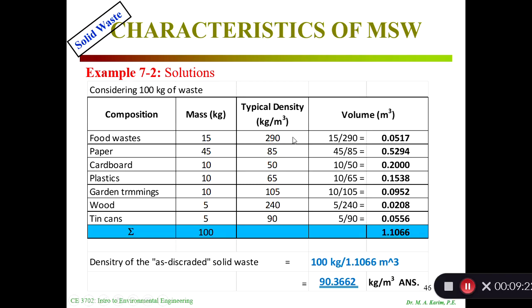So 15 divided by 290 gives me 0.0517 meter cube, and everything is done the same way. If we add them up, the total volume would be 1.1066 meter cube, whereas the total mass would be 100 kg. As discarded means weight basis, right?